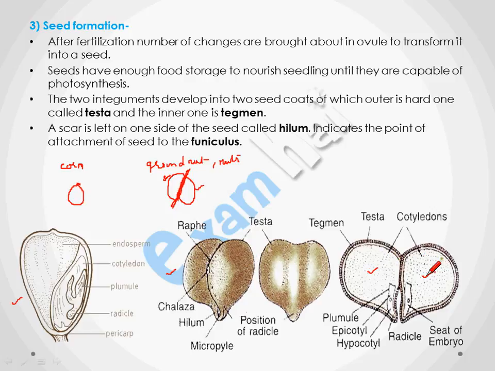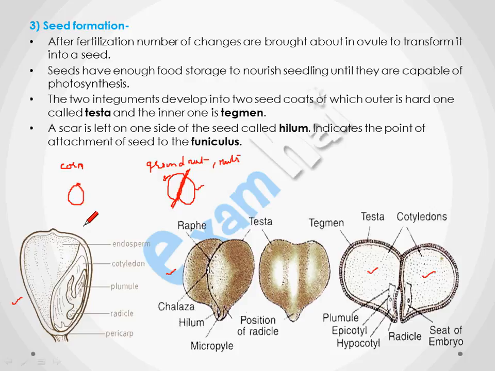So these are the two cotyledons, therefore it is called dicotyledon. After the fertilization, a number of changes occur in the ovule and transform it into a seed. Seeds have enough food material for nourishing the seedling until it is capable of photosynthesis.